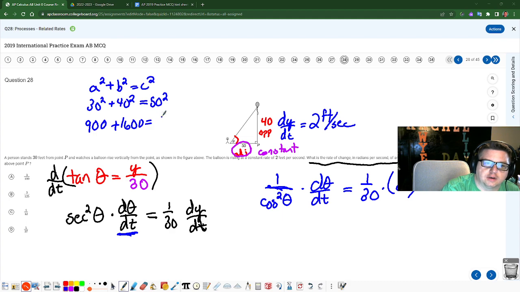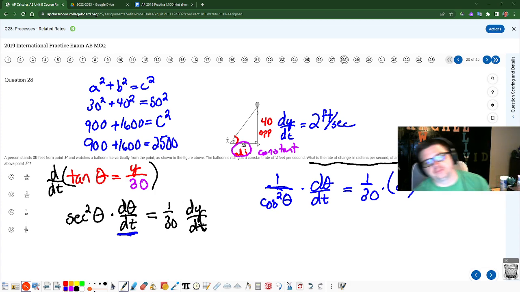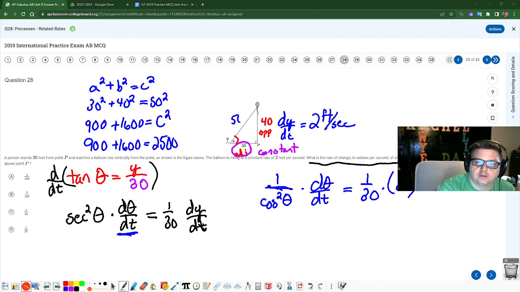That's going to lead us to c squared, which will be 2500, which is 50 squared. Okay, I like it. So this becomes 3, 4, 5, or 30, 40, 50.